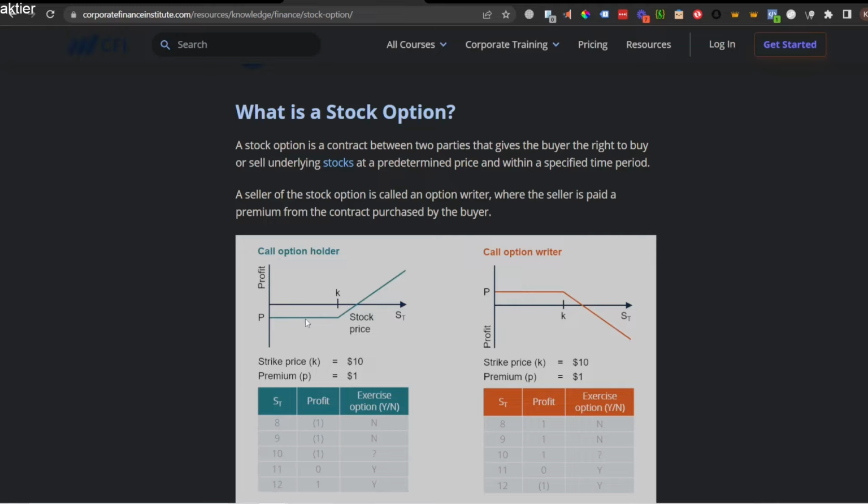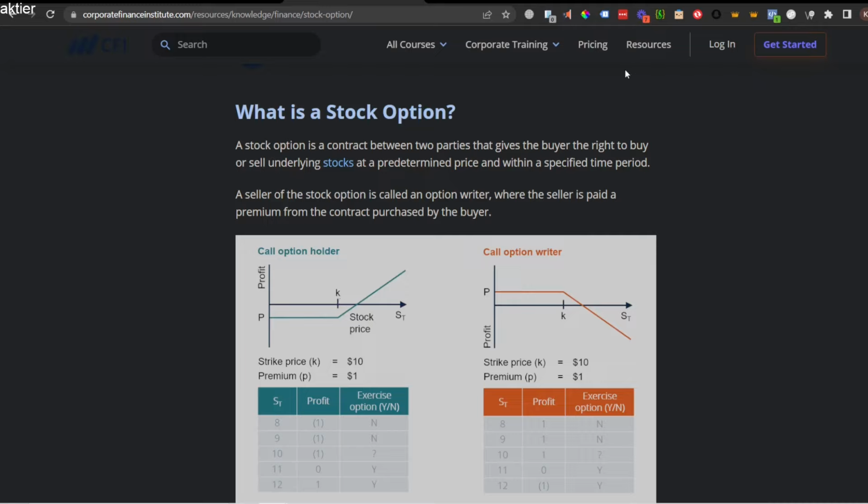If the price stays under the strike price at the expiration day, then you will lose all the premium, and the seller will get the premium. So as you can see, the seller actually has a lot of advantage over you as a buyer.